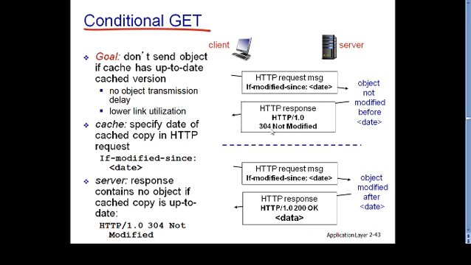So in the first example, the response doesn't have any data because the page is not modified, but this response has data because the web page is modified after that date. Then you need to get the updated copy as well. So that is how this conditional GET method with the name if-modified-since works.